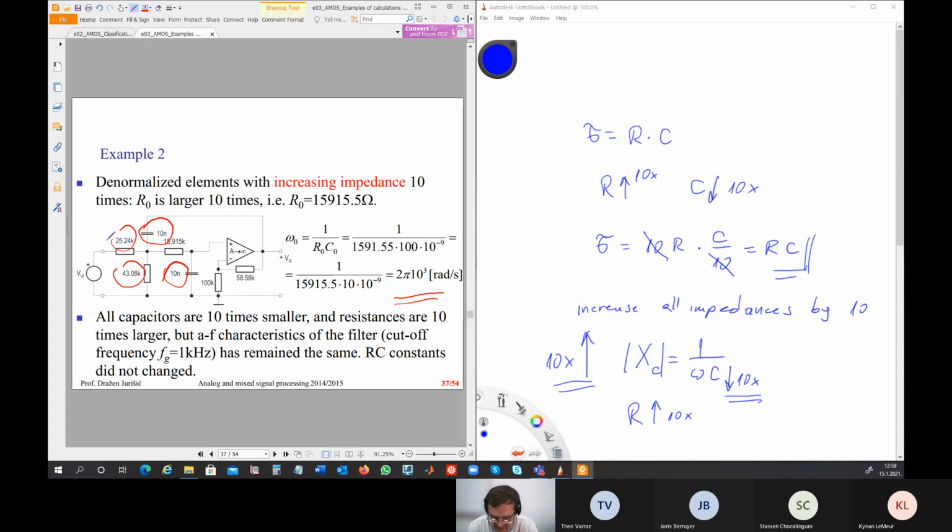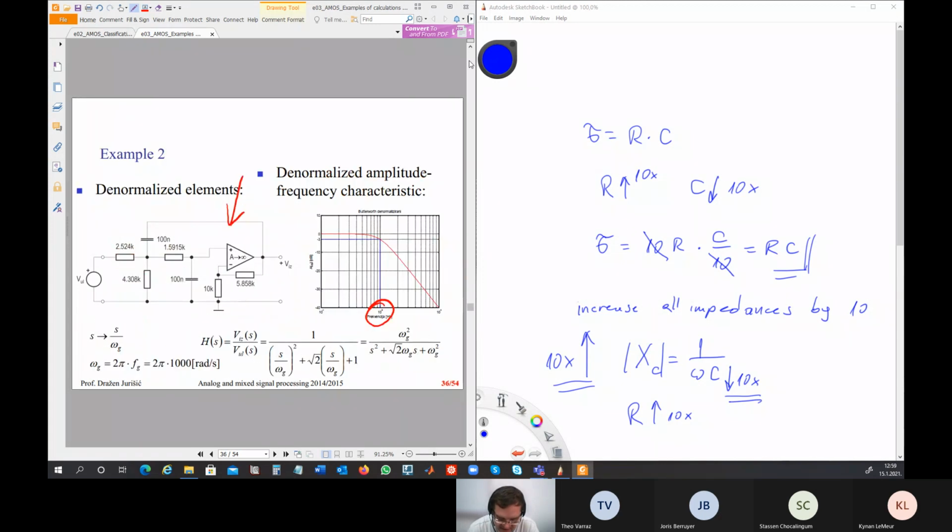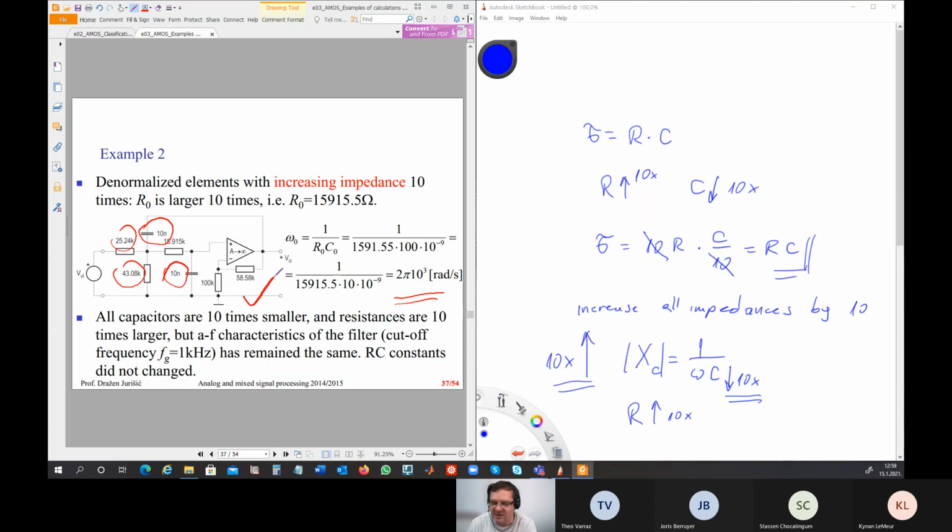But the transfer function is the same. So this circuit here and this circuit here have the same transfer function, but the overall impedance of the circuit has increased. So this is not something very problematic.